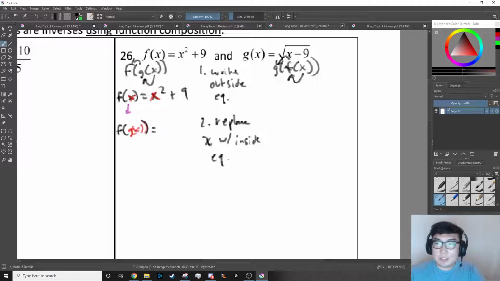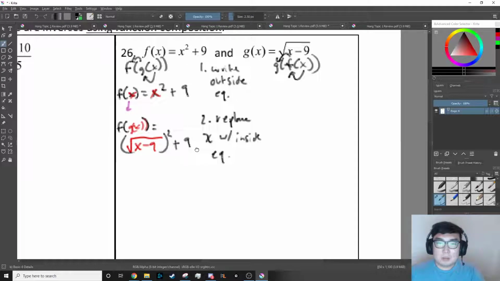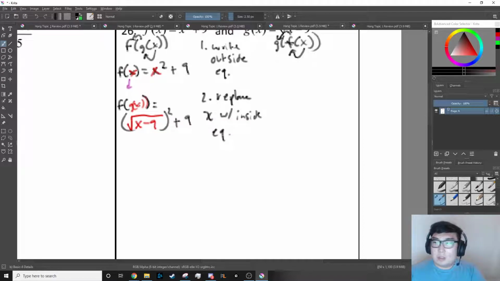And g of x is square root of x minus 9. I'm running out of space, so I'll use it here. X minus 9. And remember, everything that's black in my problem above will still be black, like this.